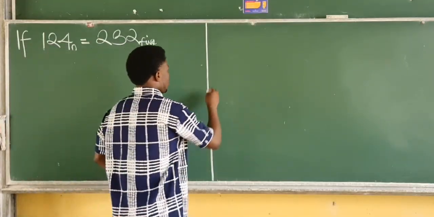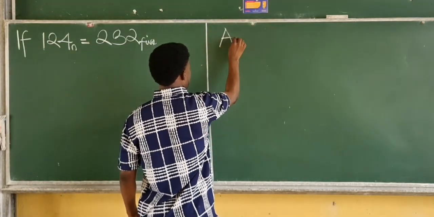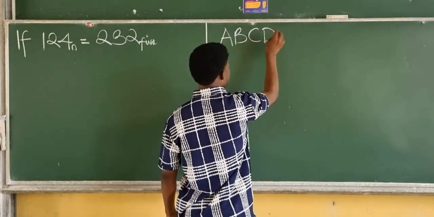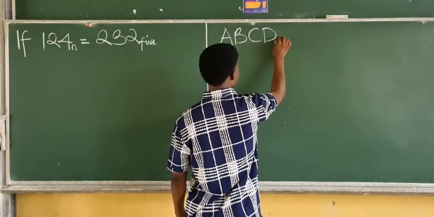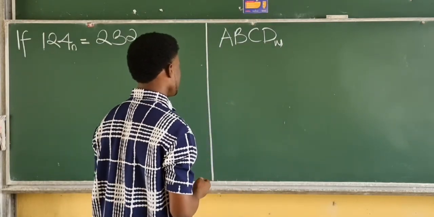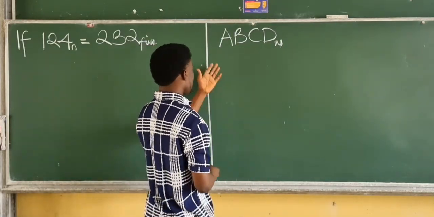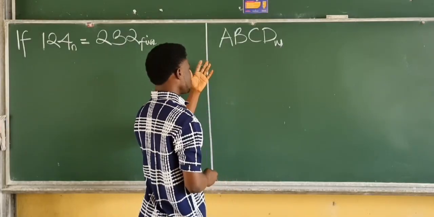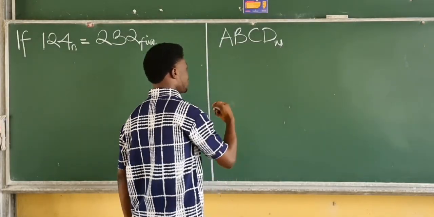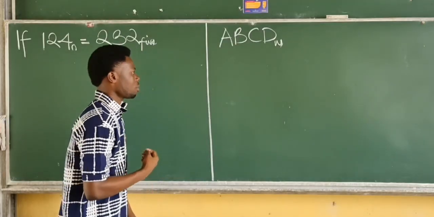For instance, if we have A, B, C, and D all in base W, to convert this into base 10, we multiply each of the terms by the base, which is the little number written underneath.